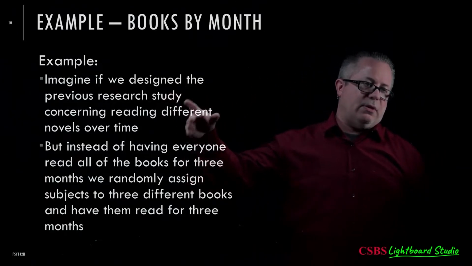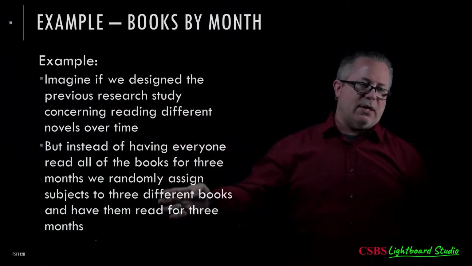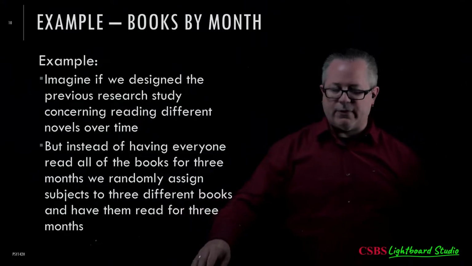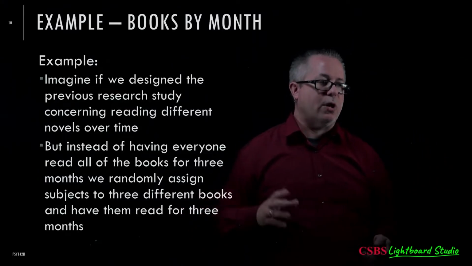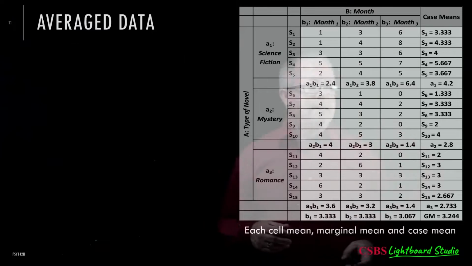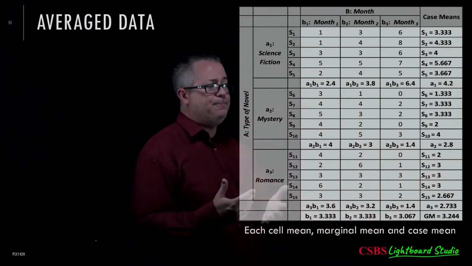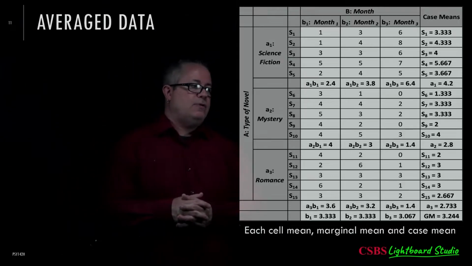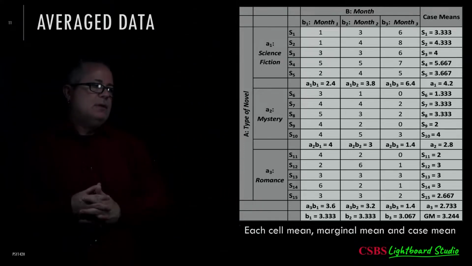We can actually randomly assign them to 3 different books and have them read for all 3 months. So we have a mixed design with different genres of books over time. Then we have 5 people assigned to each type of book: romance, mystery, science fiction. It's the exact same setup we just had, just now putting some context to it.